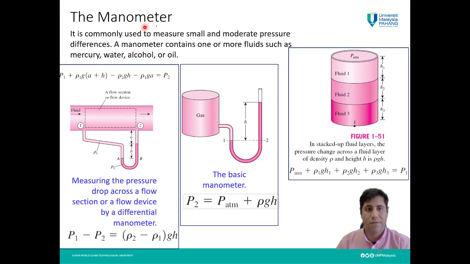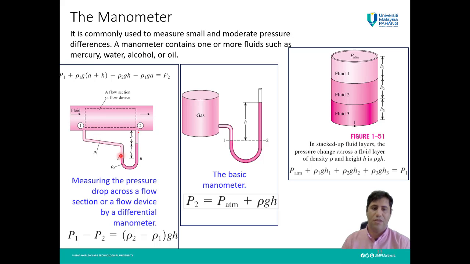And one piece of equipment used to measure pressure or pressure difference is the manometer. You may know about that. Imagine we have a tube like this, and fluid is flowing through it. We are interested to know how much the pressure difference is between these two points.